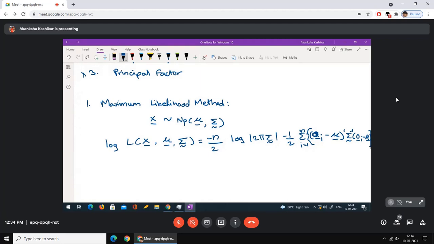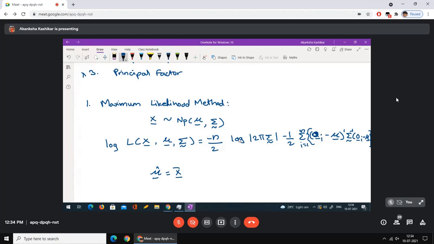What do you do in the maximum likelihood method? You try to maximize this likelihood with respect to the unknown parameters, that is mu and sigma here. But finally, I am interested in estimation of Q. So how do I bring in Q? Of course, mu hat turns out to be your mean vector x bar, so there is no surprise there.